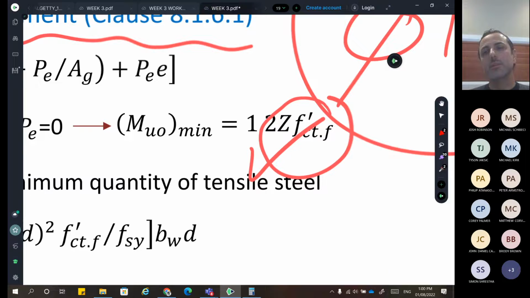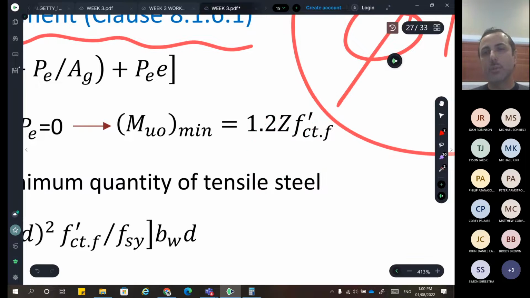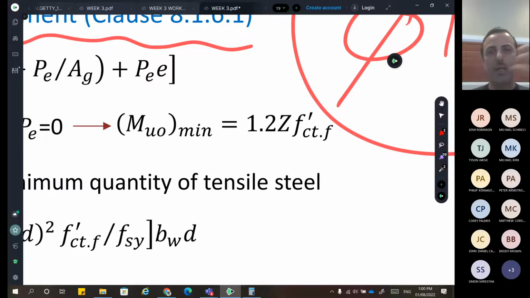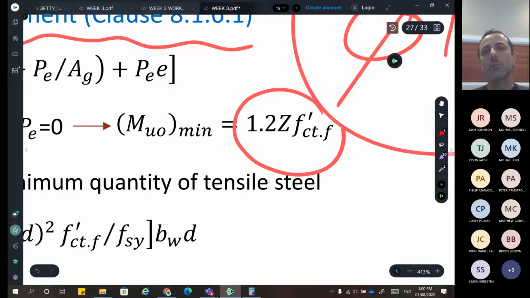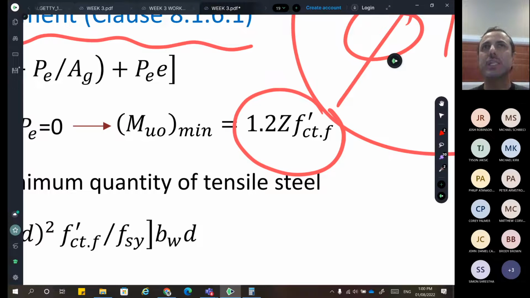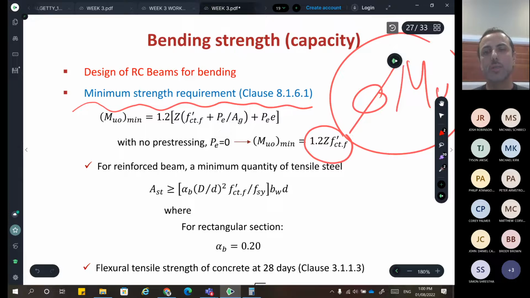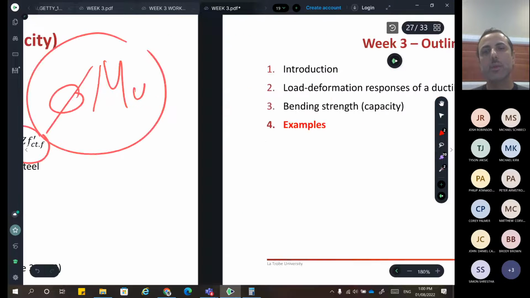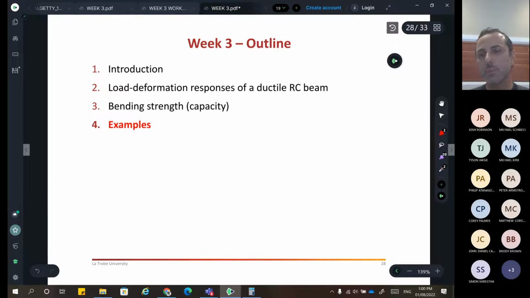You don't need to memorize anything, but just make sure this step is done. Otherwise, you're going to lose marks. So we need to make sure the strength you ended up calculating is not less than this figure. Why are we doing this? We need to make sure the section cracks. Didn't we say we need these micro cracks for the system to switch on and work? So this is why we're doing this check, which also ends up giving minimum reinforcement.